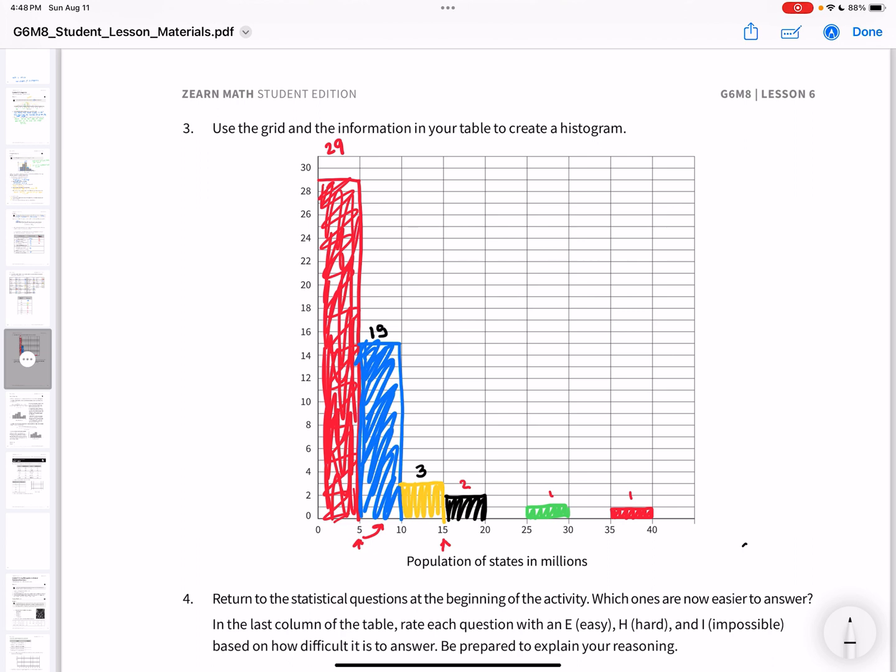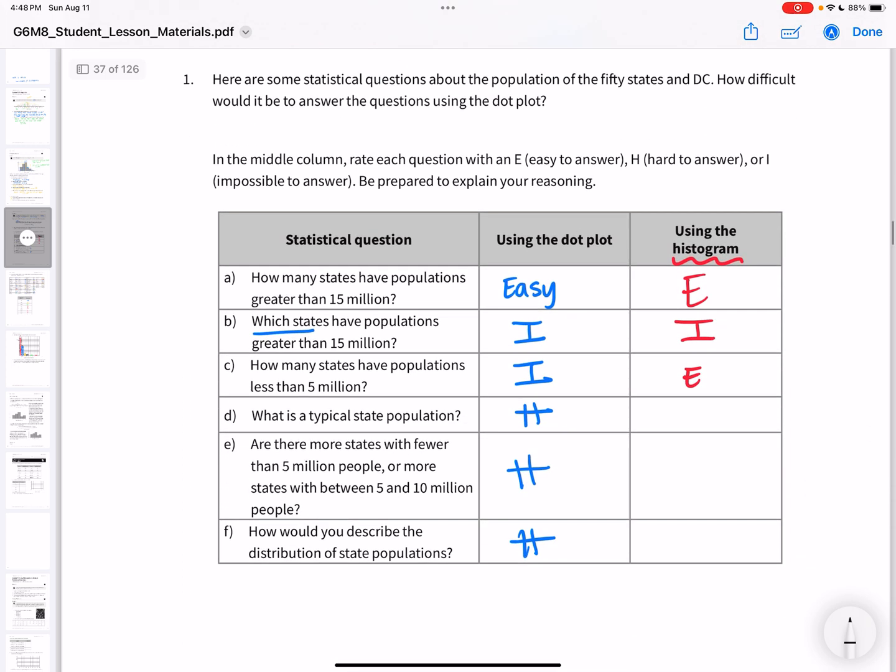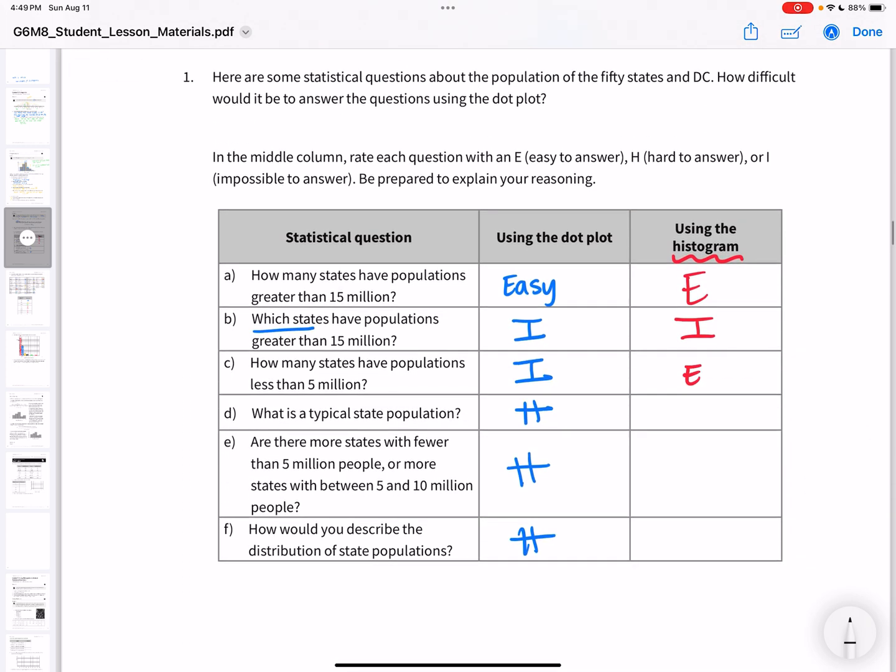So we have 29, and then we have 15 plus 3, 18, 19, 20, 22. So our center is going to be somewhere in that first bar. So I would say from the histogram, we can estimate that a typical state population has fewer than 10 million, but it's hard to be more precise than that. So we're going to call that hard.